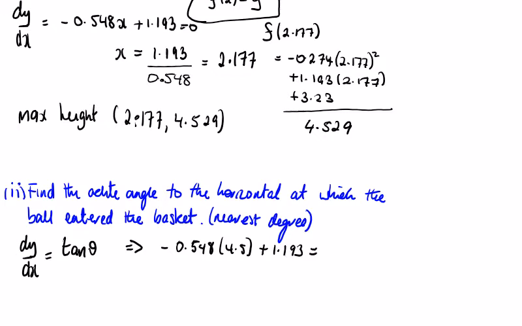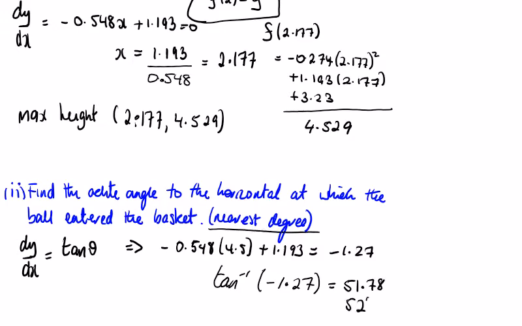That's going to give me minus 1.27. And if we get the inverse tan of minus 1.27, this will give me the angle of entry. So it's giving me 51.78 degrees, and to the nearest degree, which we're asked for here, 52 degrees.